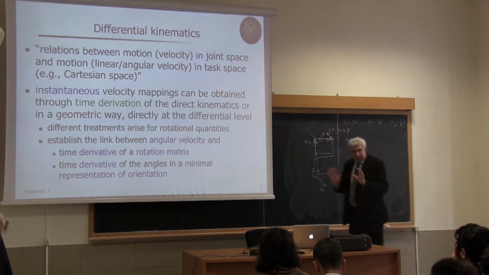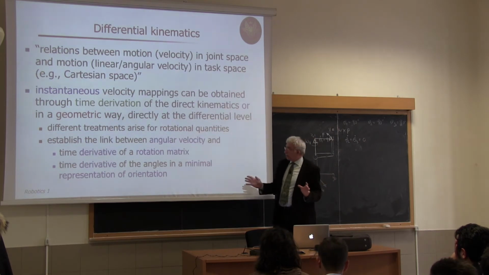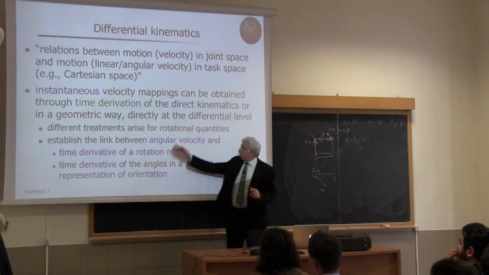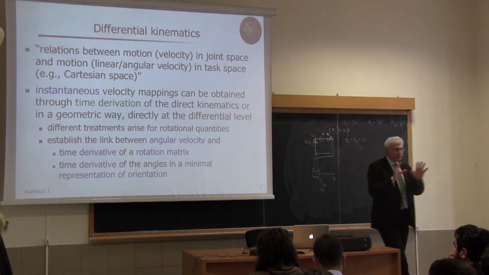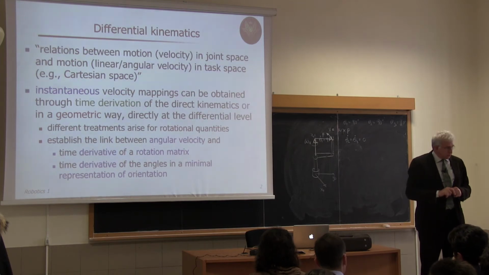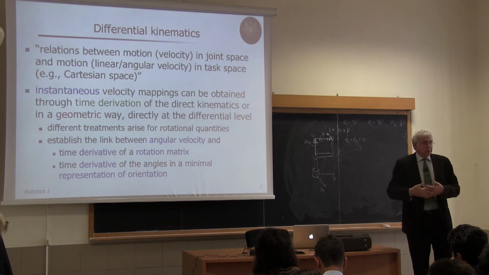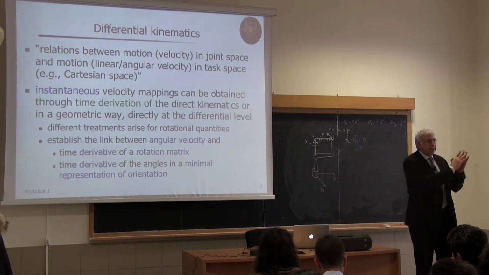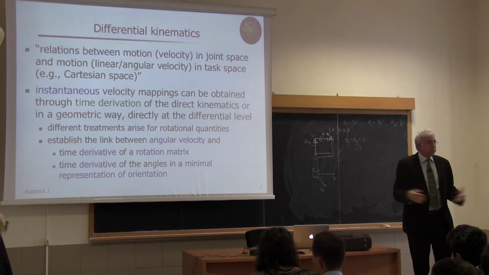Again, you can take the derivative, how this angle changes over time, and you want to map them to the angular velocity. You see that on angular velocity, you have several different choices to make, and you would like to know what is the relation. It's not that you should do it like this or like that, or this is better than the other, so we forget about other methods.